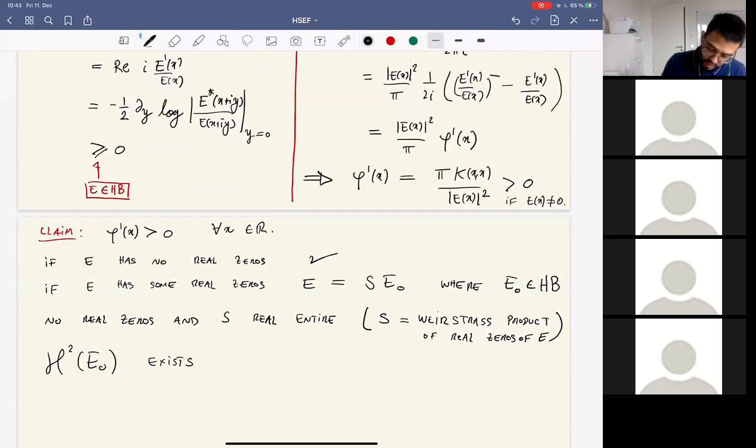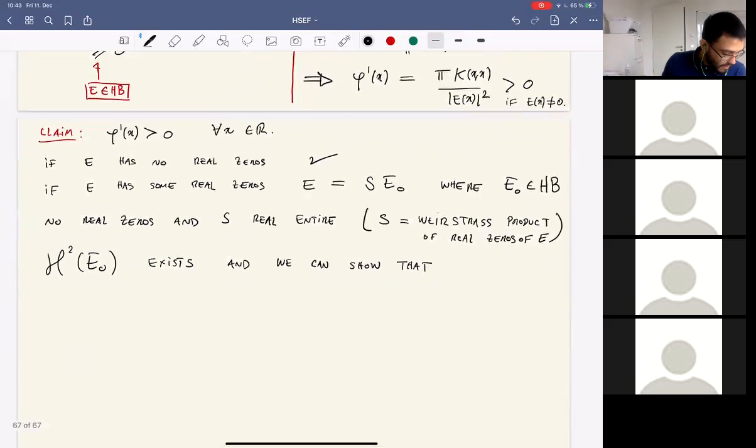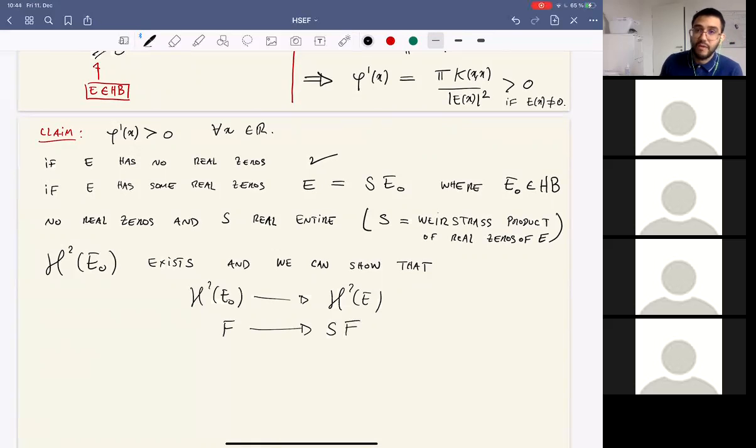And we can show that the map that goes from E naught to E, just take an F and multiply by S, is an isometric isomorphism, okay?